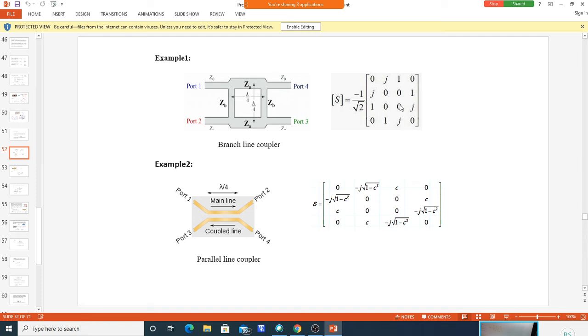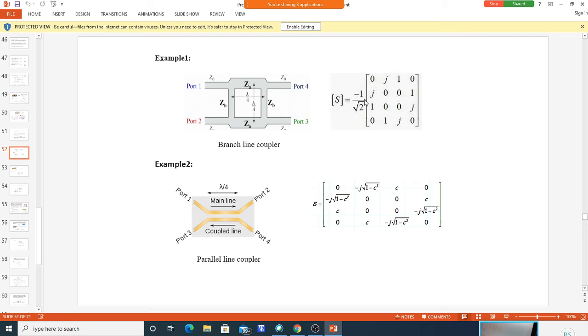Then usually that network is a reciprocal network. That is, S21 is equal to S12, S13 is equal to S31, S41 is equal to S14, like that. So by looking at this, we can come to know it is a reciprocal network.